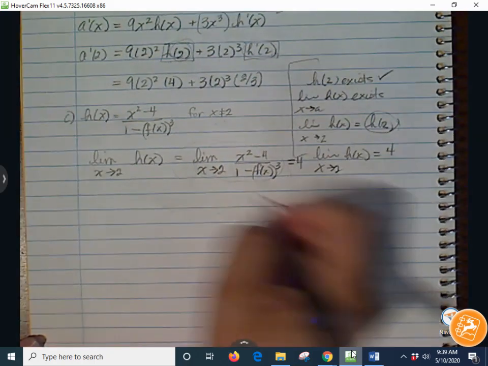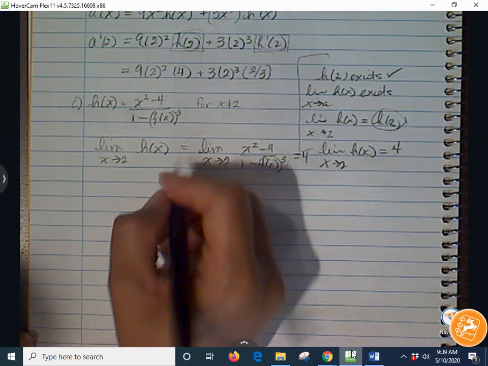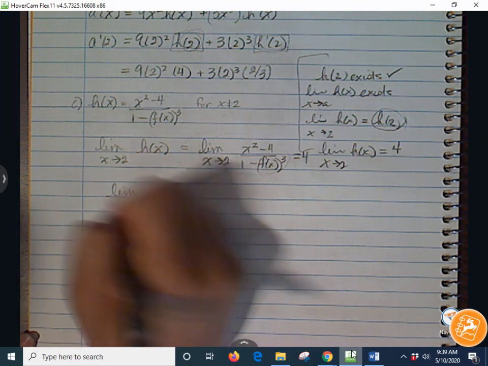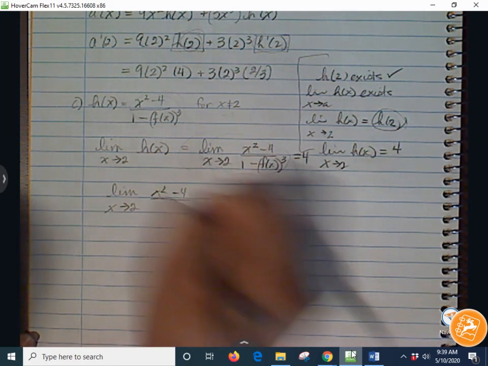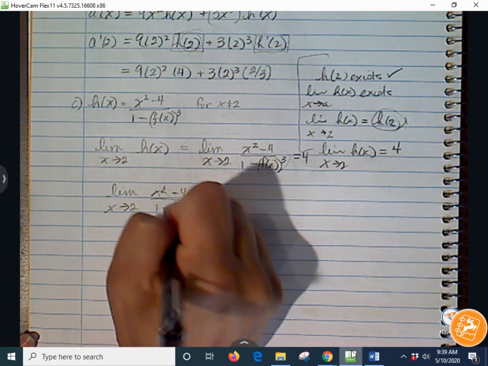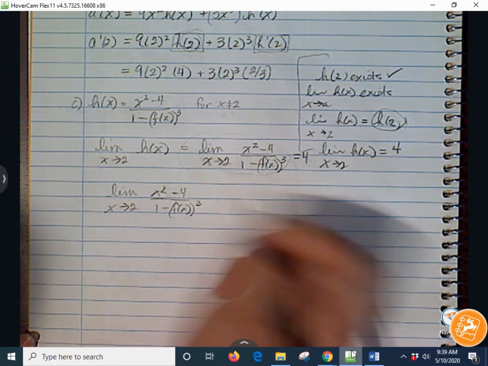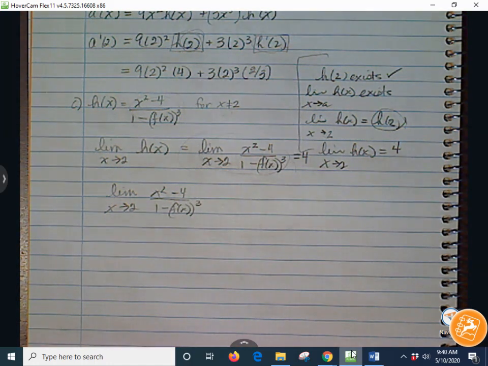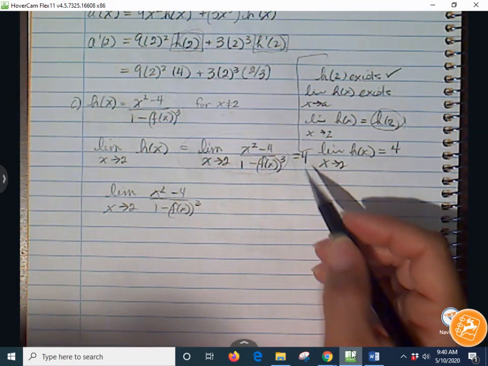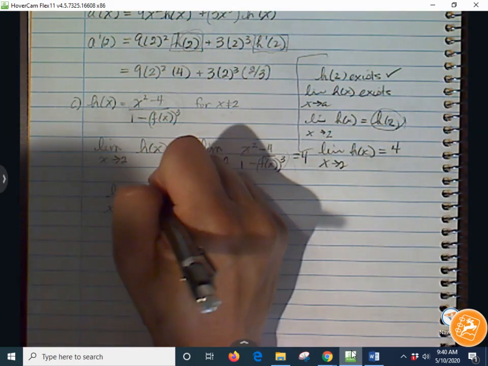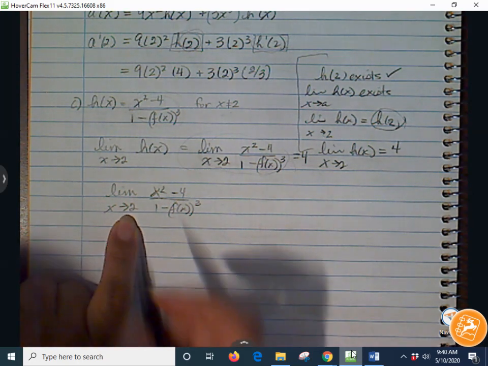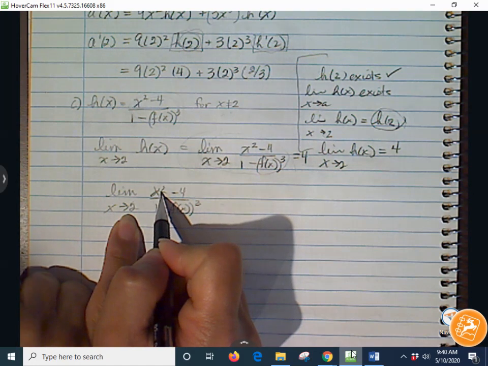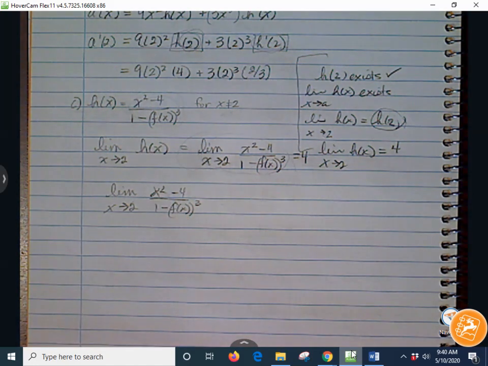All right, so I'm going to work on this little by little. Limit as x goes to 2 of x squared minus 4 all over 1 minus f of x cubed. Now they said that we can find out that this is 4 by using L'Hopital's rule. So that means that we had to have an indeterminate form someplace, okay? Now I can see already that when I put the 2 in, 2 squared is going to give me 4, right?